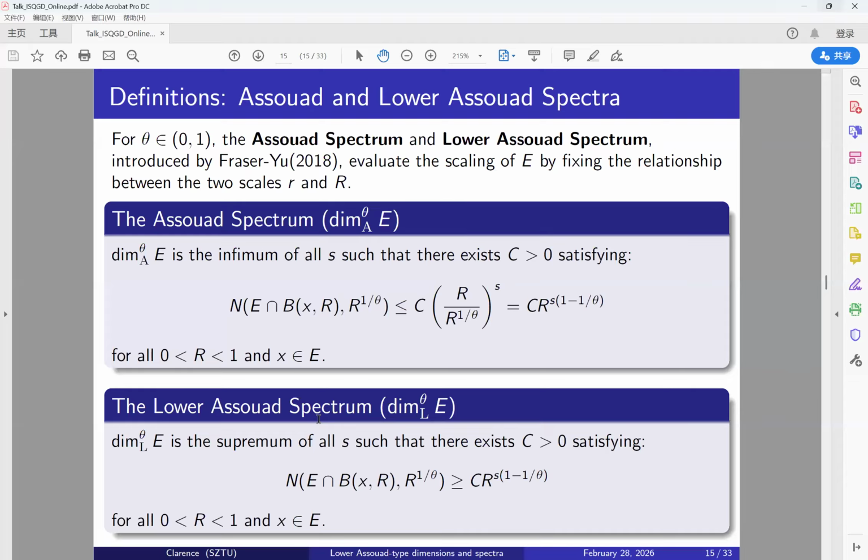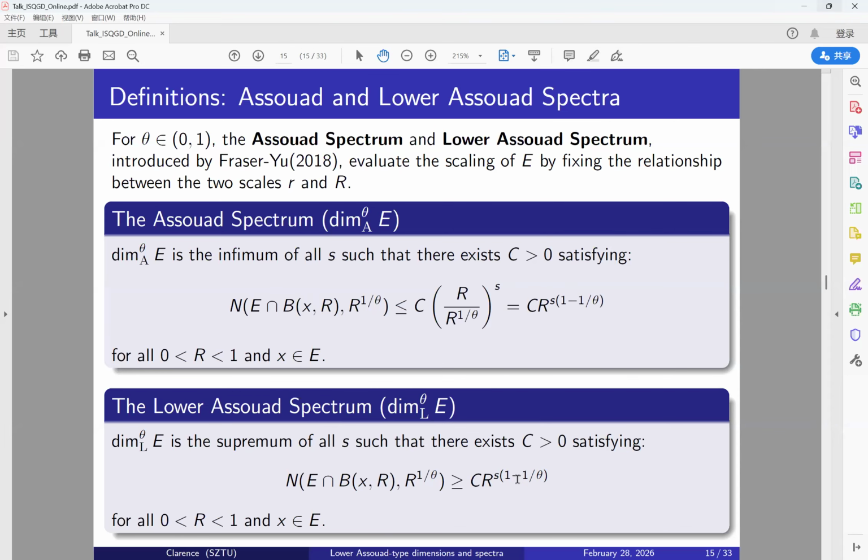Also, the lower spectrum is the supremum of all S such that there exists a constant C, and for the ball covering, the lower bound is controlled by capital R with the exponent S times 1 minus 1 over theta, for all R ranging in (0, 1).